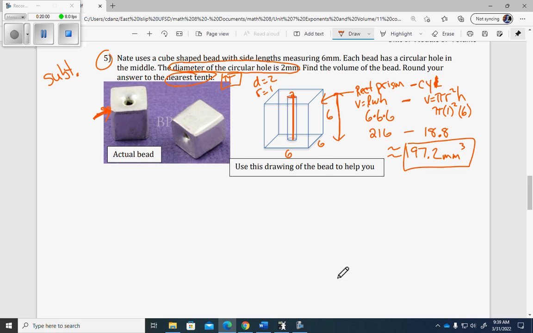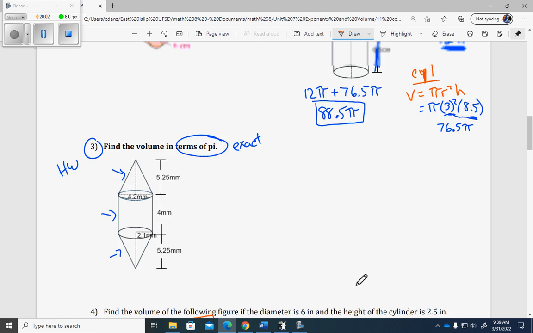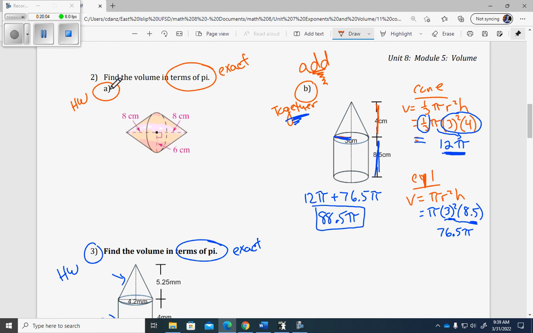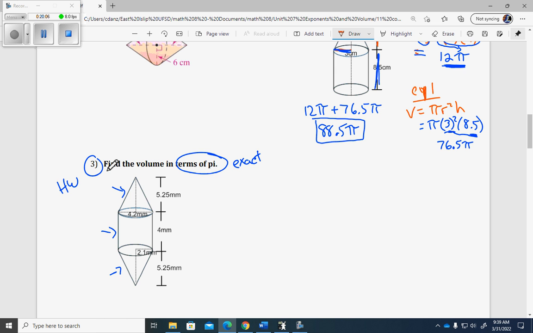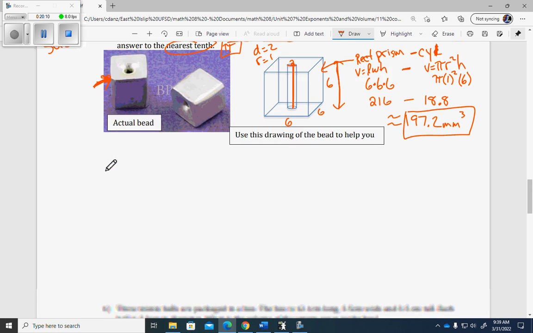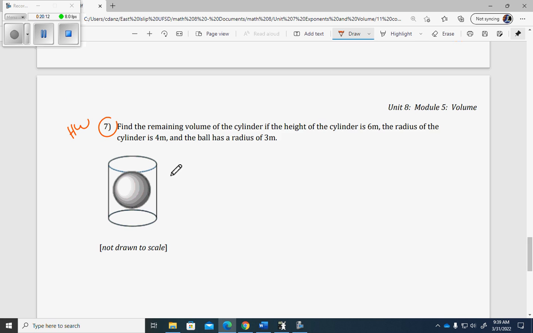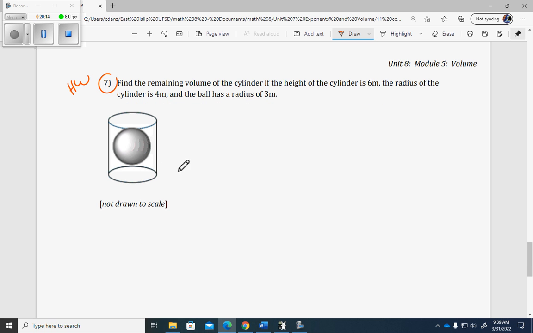So if we were to remind you what you're doing for homework, number 2a, number 3. Those you have to add them. Then number 7, since it's a figure inside of a figure, we're going to subtract on this. I just want to set you up for success.